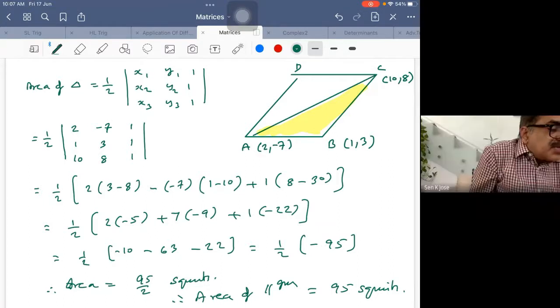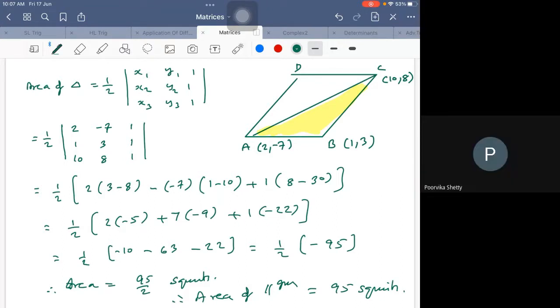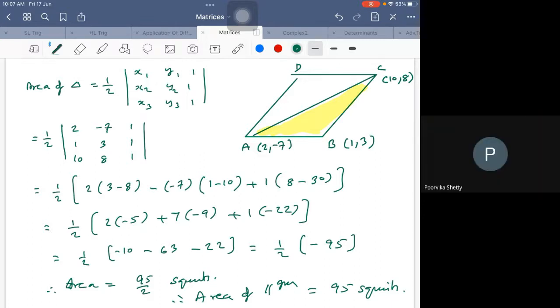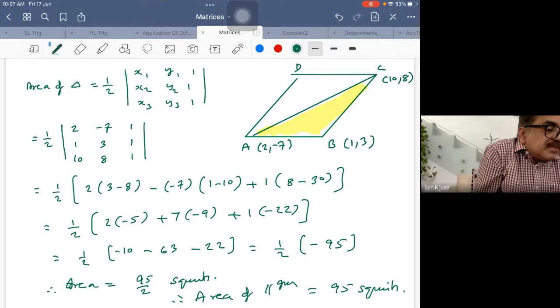The next one should give me minus 1 into 16 plus 70. Did you get like that? Yes, I got the same value. And the next one is plus 1 into 8 minus 30, minus 22.